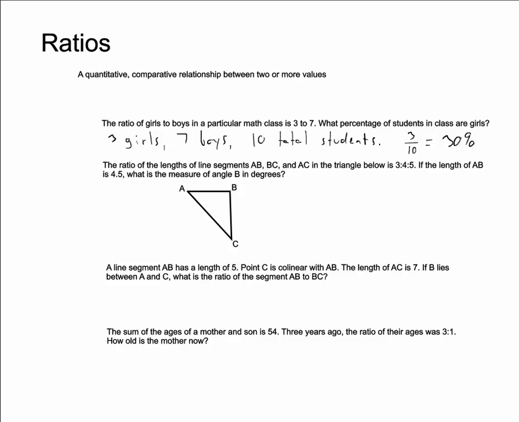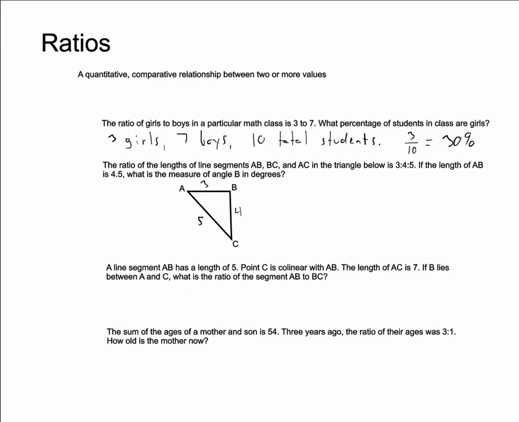Here is more of a geometry problem. The ratio of the lengths of line segments AB, BC, and AC in the triangle below is 3 to 4 to 5. If the length of AB is 4.5, what is the measure of angle B in degrees? So we know the ratio. We're going to label this 3, 4, and 5 is the ratio here.